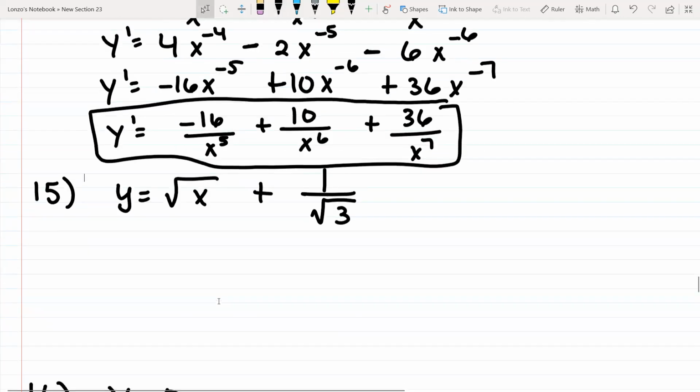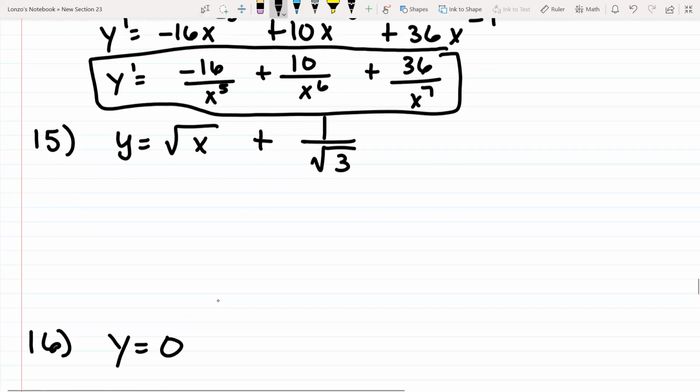Okay, almost done. 15. The derivative of y equals radical x plus 1 over square root of 3. What I would do is, if you can, rewrite it as only powers.